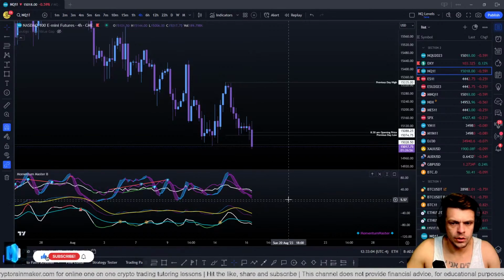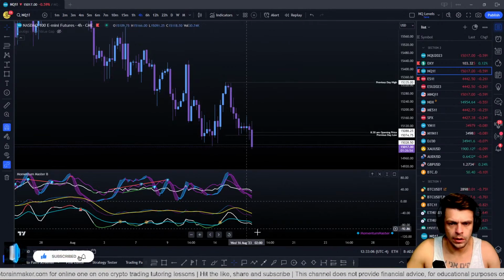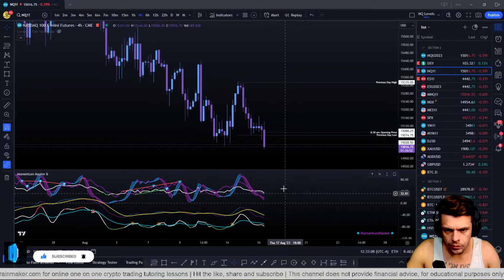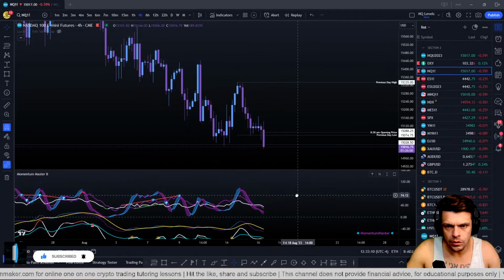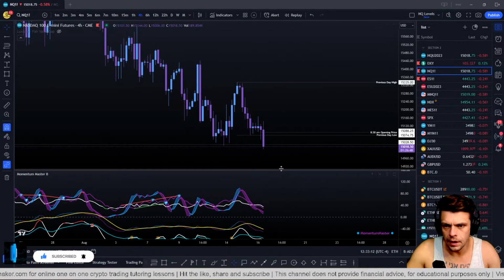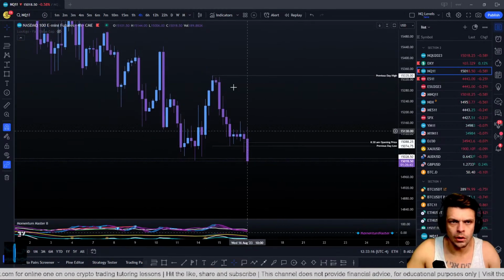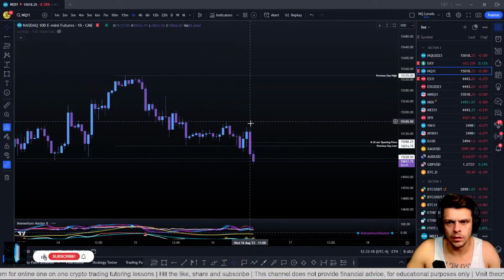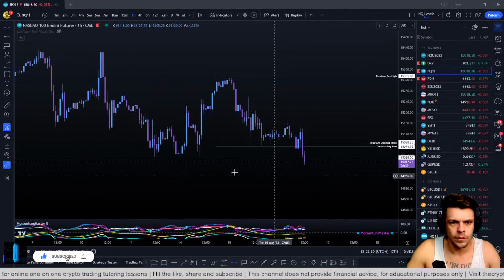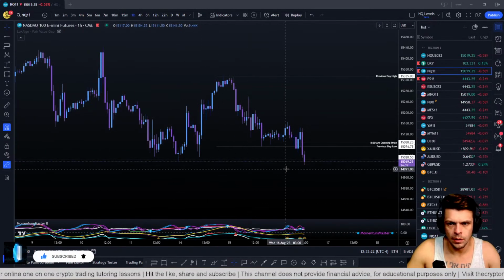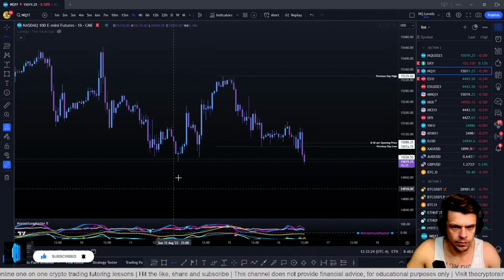4-hour stochastics is resetting. The Williams has a little bit left to go, but I can start turning on the next 4-hourly candle. Okay, so we are in sell side liquidity, also at this low again.